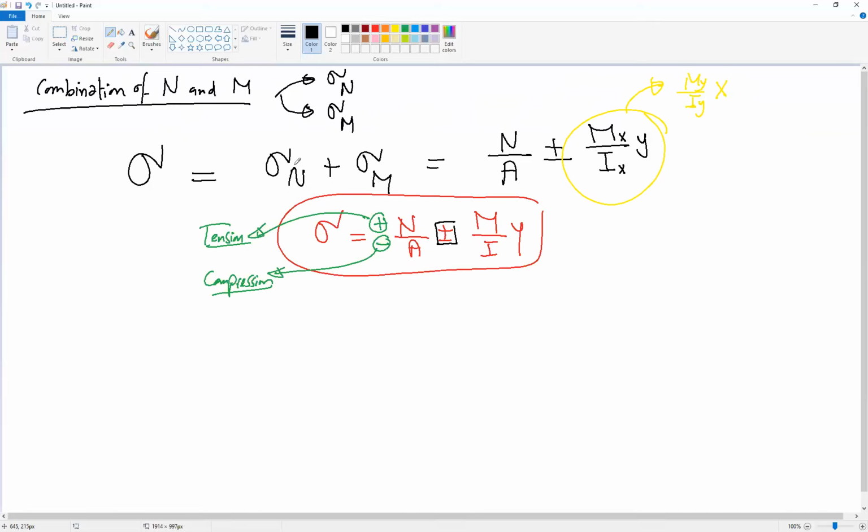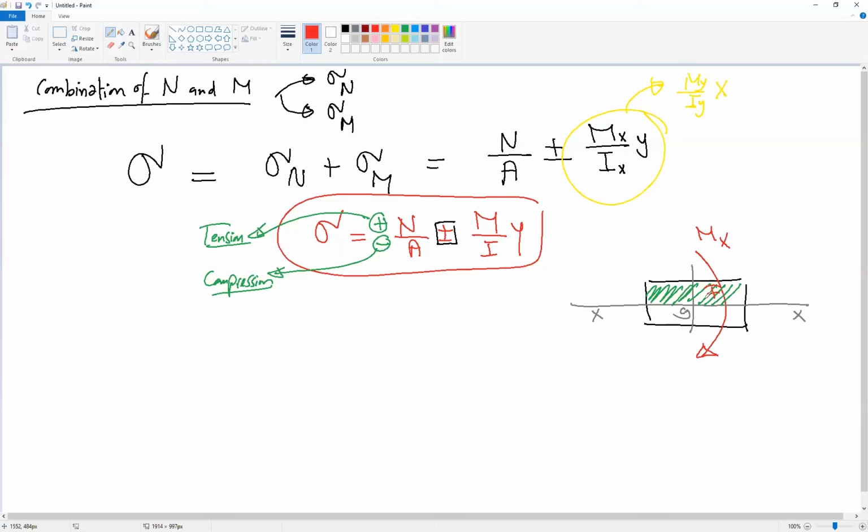What does this mean? This means that if we return back to the previous slide or the previous draft, if we have a cross section and we have moment Mx, and this is our centroid or CG here, this moment will cause one half or one part of the section to be under tension.